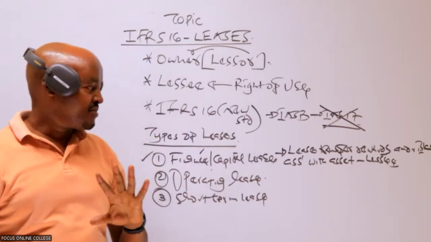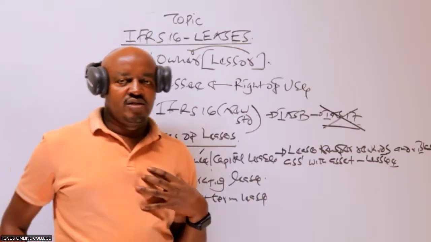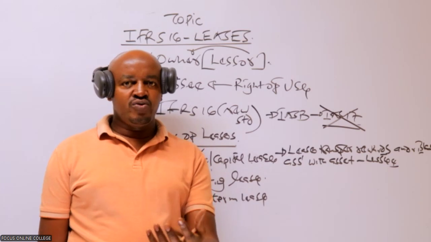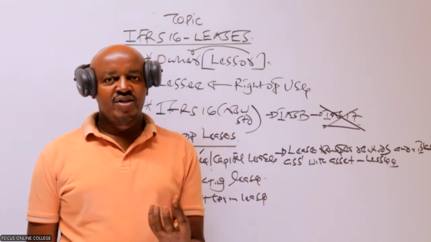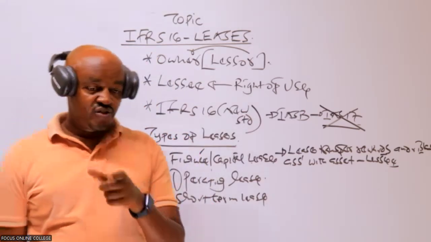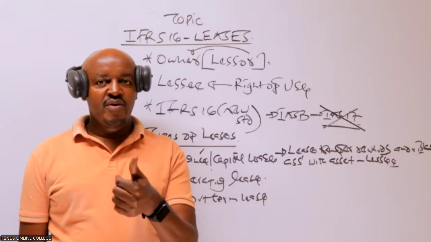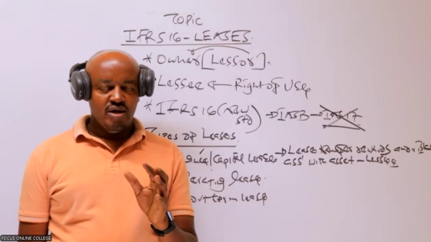So basically what that means is that under the finance or capital lease, once, for example, I lease an asset to you, I will transfer all the rewards and all the risks associated with that particular asset to you. So it means that as a result of having leased that asset, number one, you have the responsibility to repair that building.